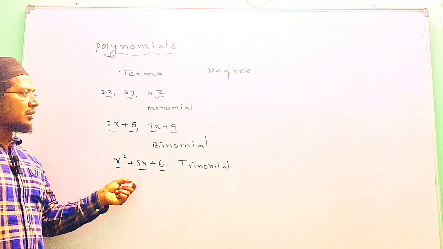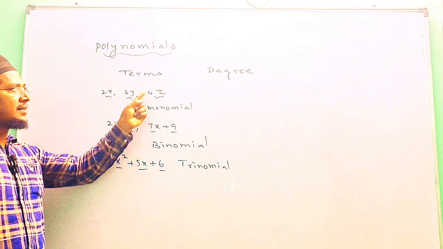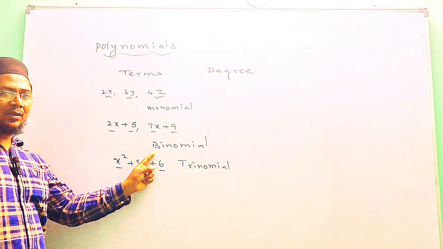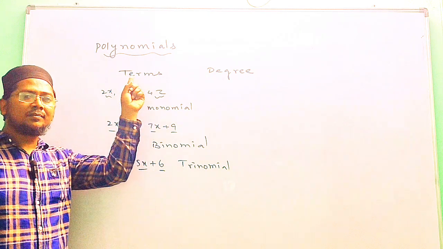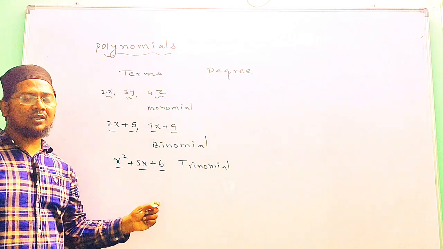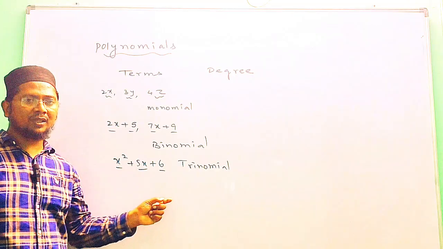So what we learn is, every monomial is a polynomial, every binomial is a polynomial, every trinomial is a polynomial, every multinomial is also a polynomial.